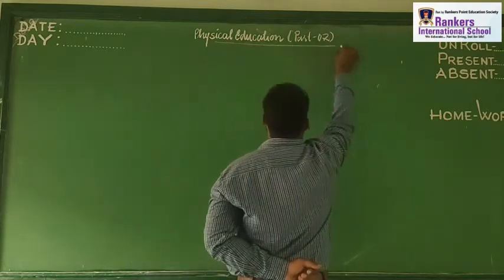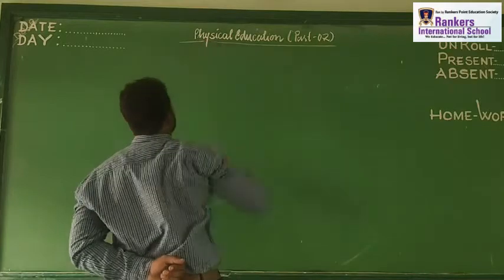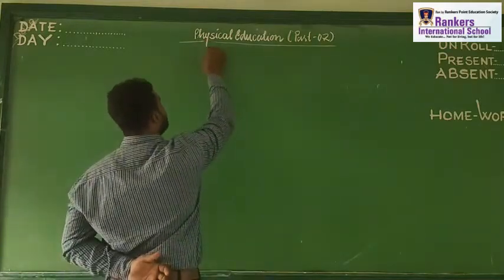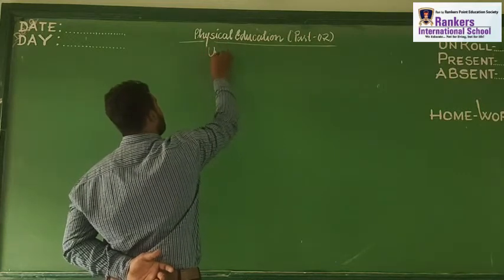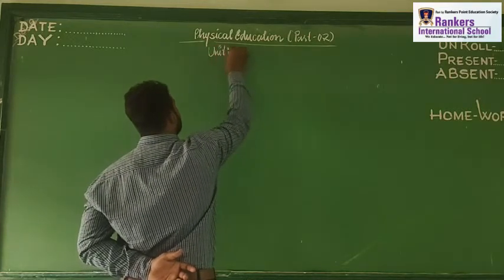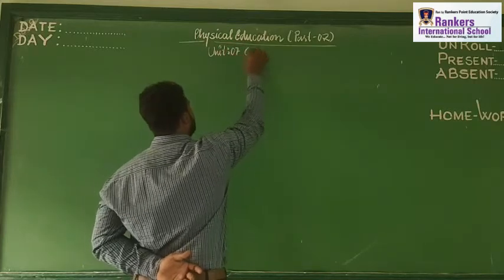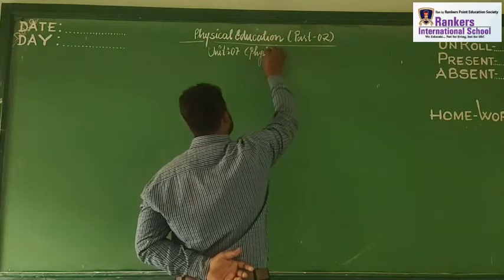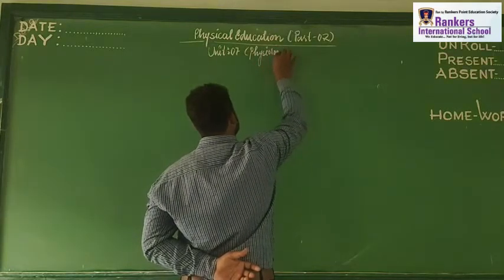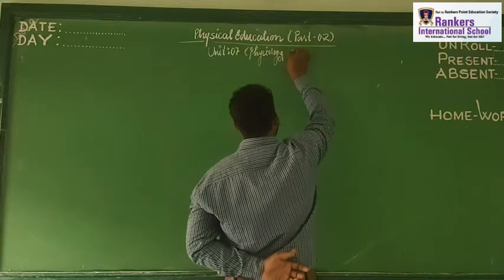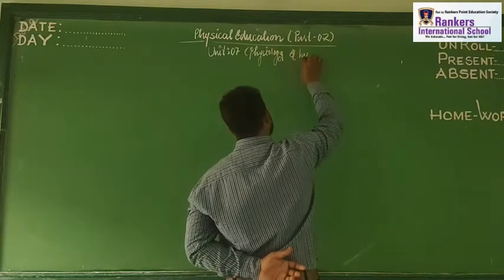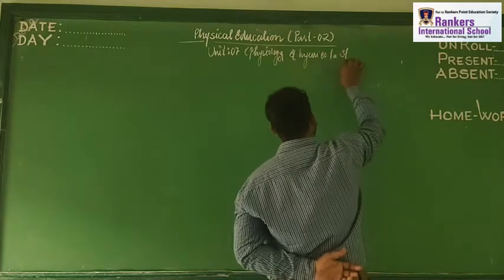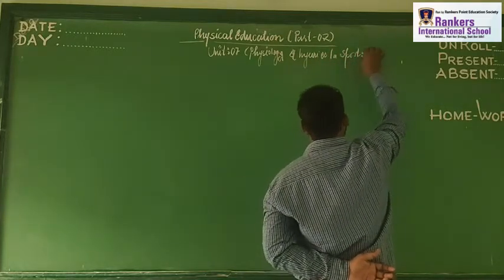In this chapter, we are going to learn a new topic today. So, what is the name of this unit? As you all know, the unit is 7, and the name of this unit is Physiology and Injuries in Sport.